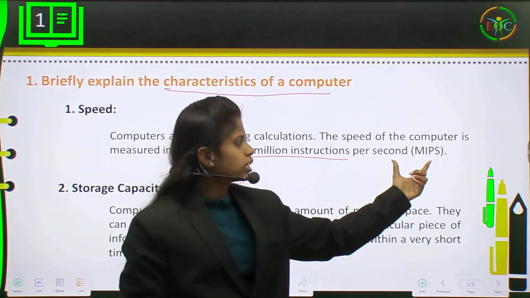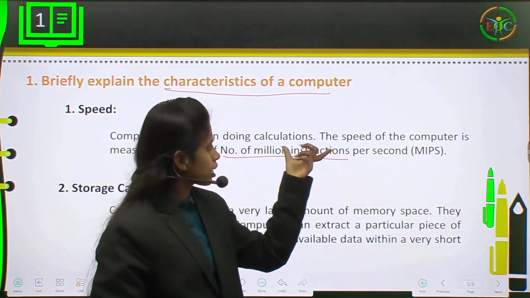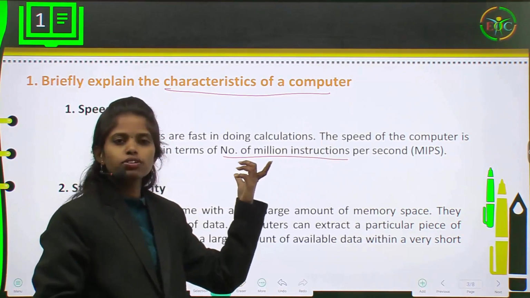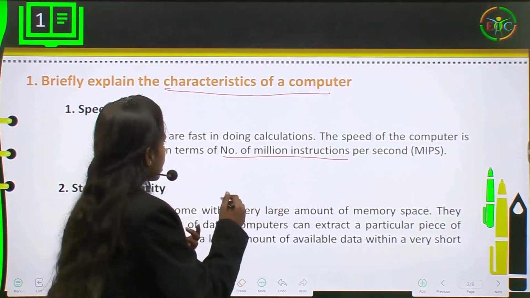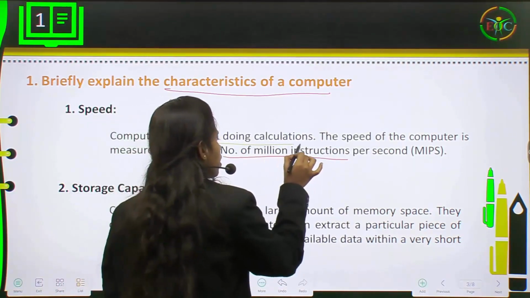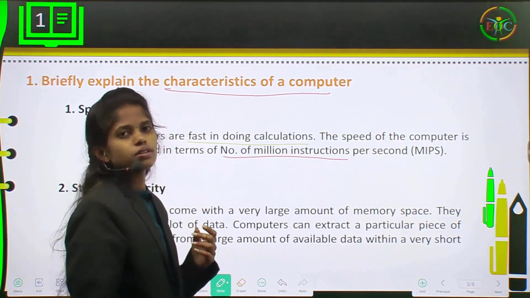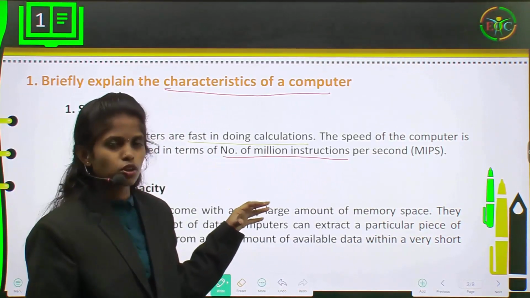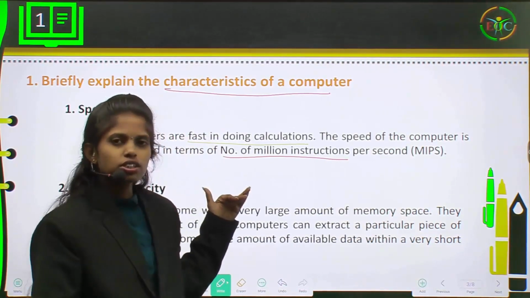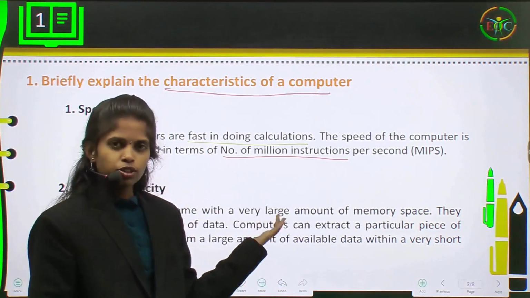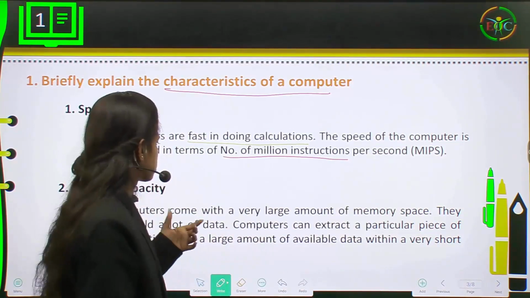This is the unit that is used for expressing the speed of any computer. They are fast in computing the instructions also, meaning calculation is much faster when compared to humans.